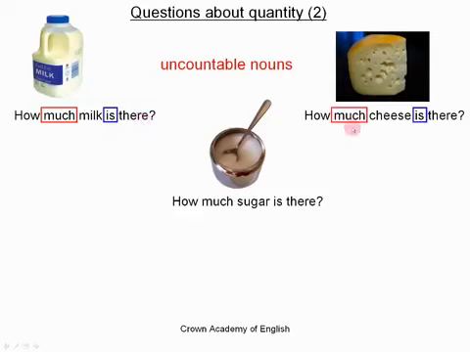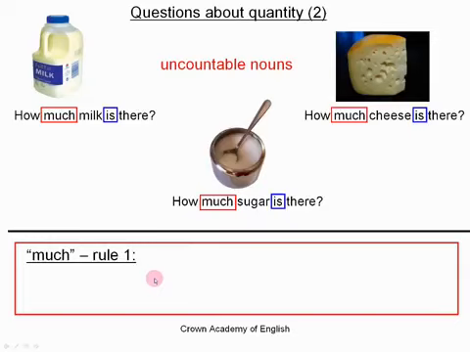And it is the same here. How much cheese is there? Cheese is singular, and the verb is singular. And here is the same. How much sugar is there? We say how much. Sugar is in the singular, and the verb is in the singular.